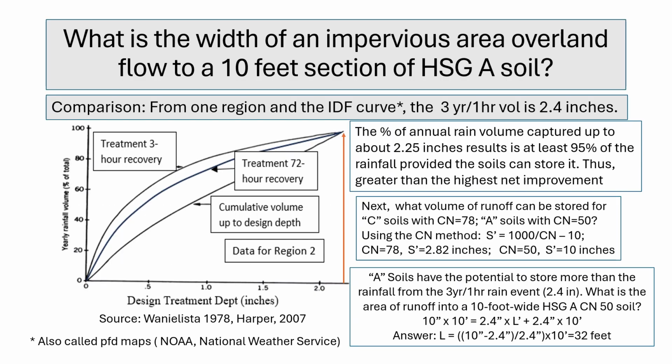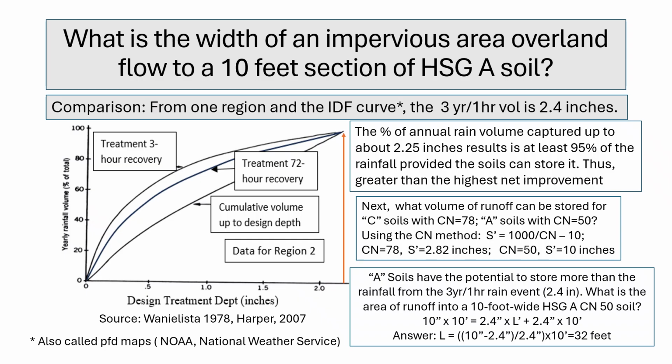Capturing the runoff from a 3-year 1-hour rain event produces an annual capture effectiveness of at least 95% for most land uses. This holds true when the rainfall depth is around 2.2 to 2.4 inches, provided the soils have sufficient storage capacity remaining to receive the runoff.